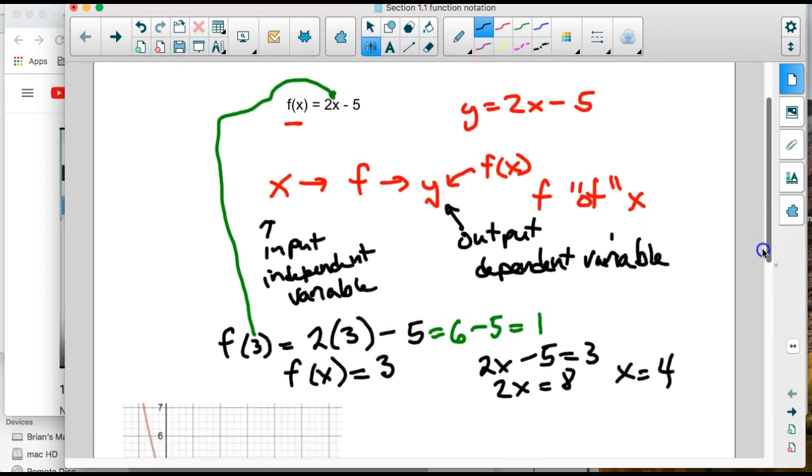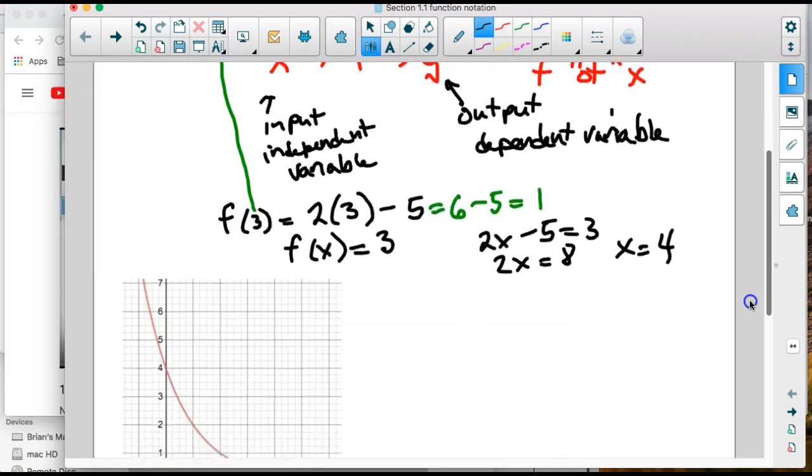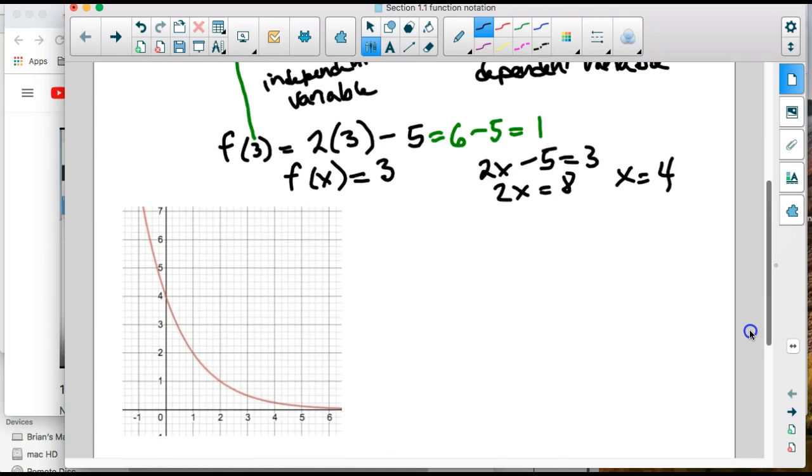Alright, now we want to be able to do the same things on graphs and charts. So let's say this is g of x, not f of x this time. What is g of 2? So what we would do here is look, these are our input values, our independent variables.